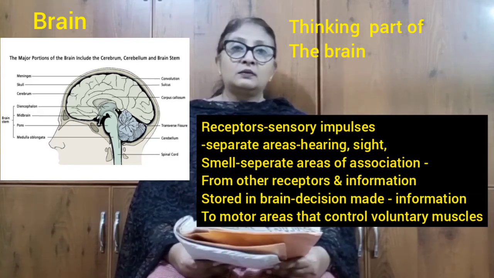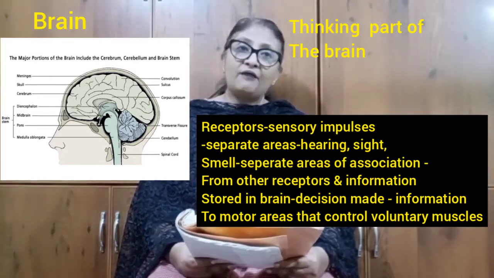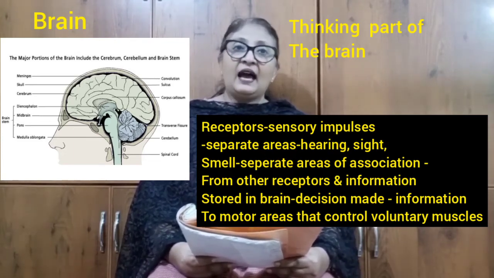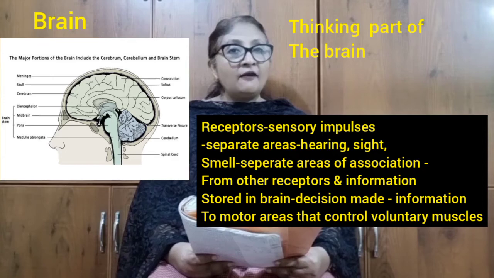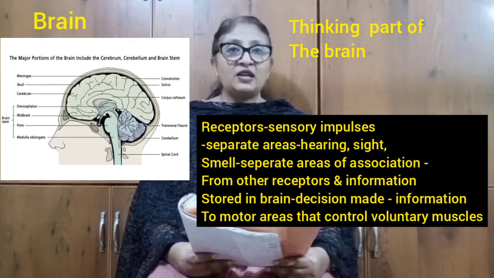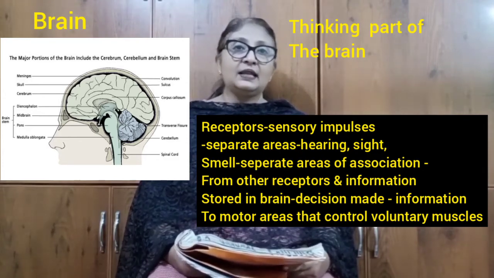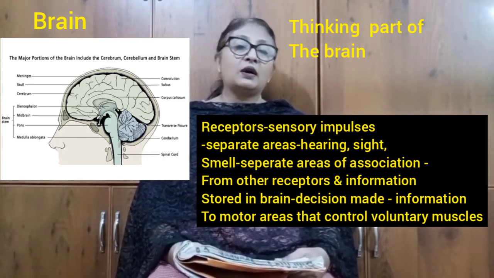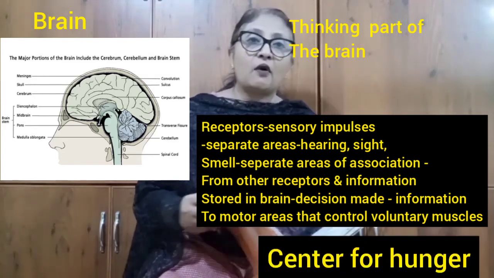And there are also separate areas for the association where sensory information is interpreted and analyzed along with the information that is already stored. After analyzing the information that is available, the command is sent to the voluntary muscles, and thus the movement of the hands and legs occur. Apart from this, there is also a center for hunger in the forebrain.